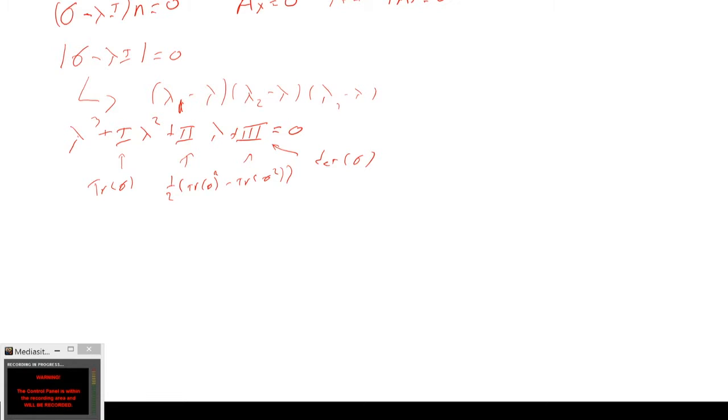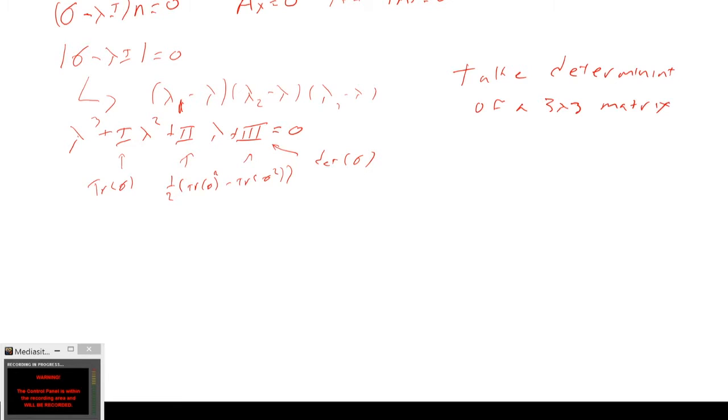So this is just a little linear algebra theory. But refresh yourself on how to take the determinant of a 3x3 matrix.